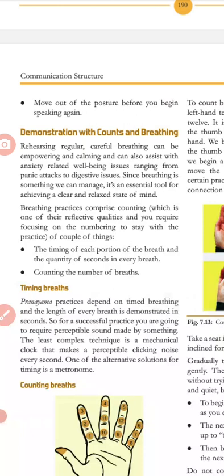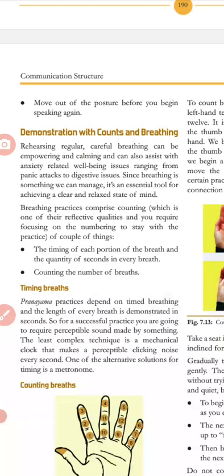Then comes demonstration with counts and breathing. Rehearsing regular careful breathing can be empowering and calming, and can also assist with anxiety-related well-being issues ranging from panic attacks to digestive issues. Since breathing is something we can manage, it's an essential tool for achieving a clear and relaxed state of mind. Breathing practices comprise counting.